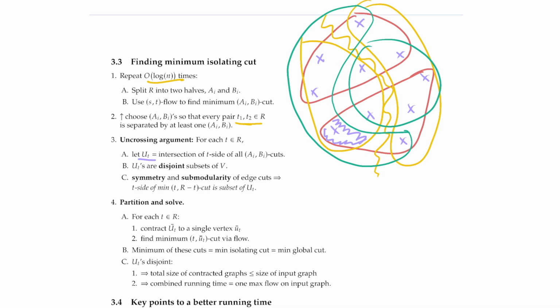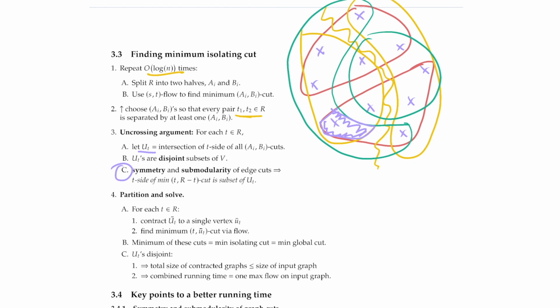And so the key argument really comes here, it uses the symmetry and submodularity of edge cuts to argue that if I just look inside this region, I will find the minimum cut that isolates that vertex from all the other purple vertices. Okay, so not only do we partition the graph, but now we only have to look inside each part for each vertex.